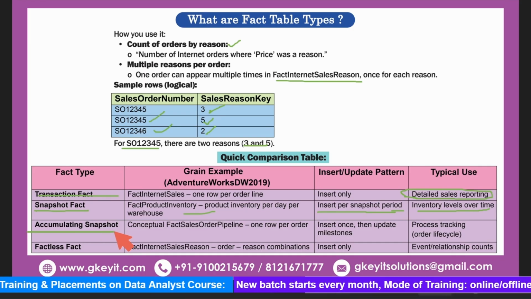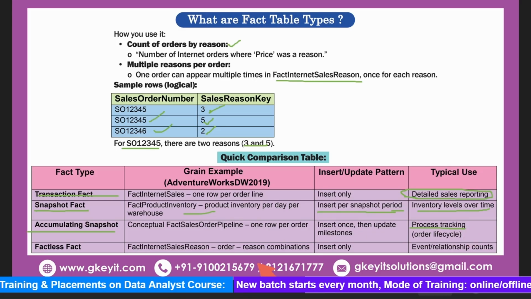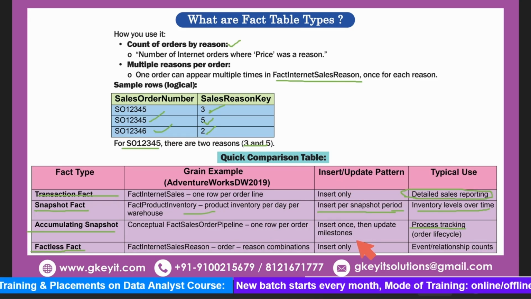And coming to the accumulative snapshot, the grain example is conceptual, that is fact sales order pipeline, one row per order. The insert-update pattern is insert once, then update milestones. The typical use case is process tracking, that means we can track the order life cycle by using accumulative snapshots. Finally, the factless fact is fact internet sales reason, with order reason combinations, and only inserts.